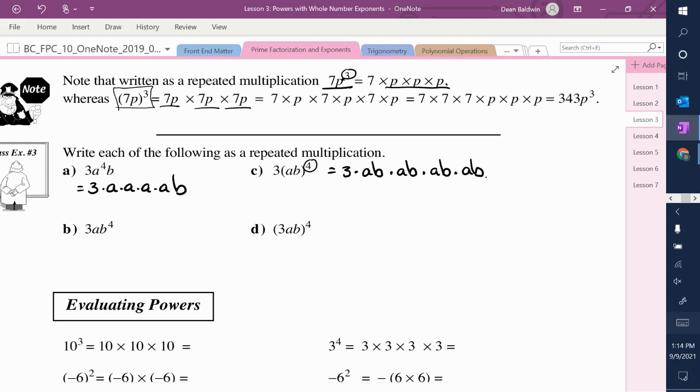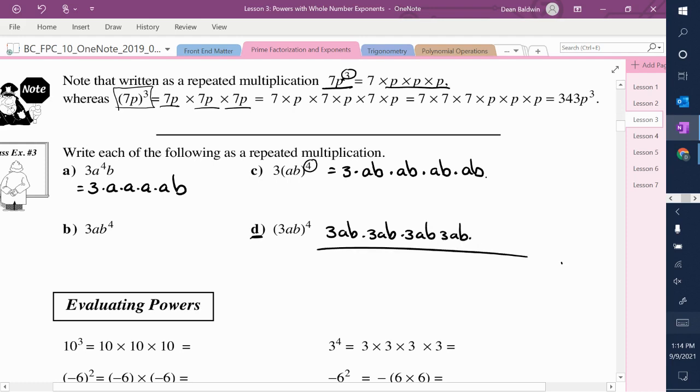We okay with that? Okay. And we'll just do D. The 4 is attached to everything, exactly, because it's all in brackets. So it's 3AB times 3AB, 3AB, 3AB. Okay.